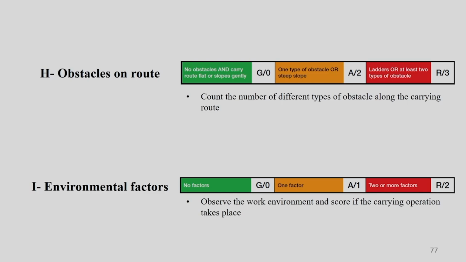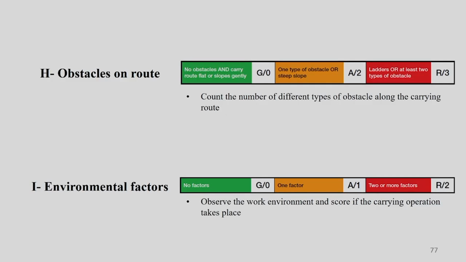Obstacles on route. So if you have obstacles while carrying the things, then definitely you have to give some value over there. If there is no obstacle, it is flat, clean, or if a slope is there that is gentle, not a very steep slope, those cases it is green and 0.